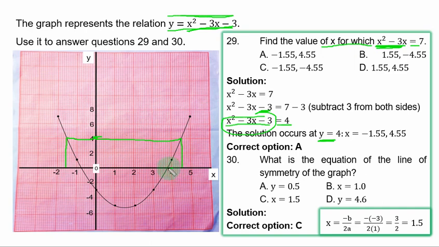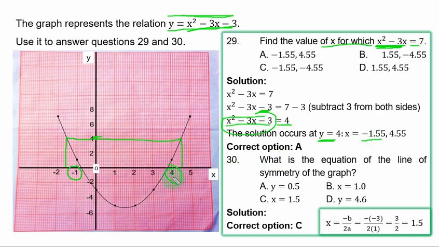If you count from 4, okay, let's start from the negative part. If you count from minus 1, the next line is minus 1.1 and so on. Where the line is between minus 1.5 and minus 1.6, the middle of it becomes minus 1.55.